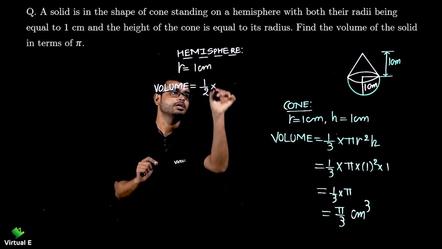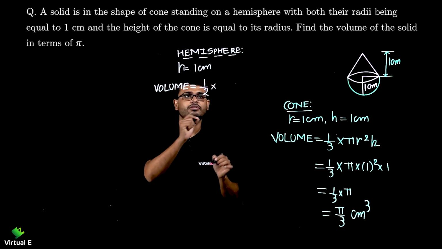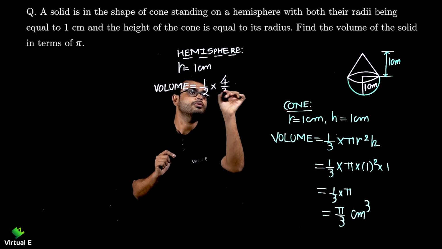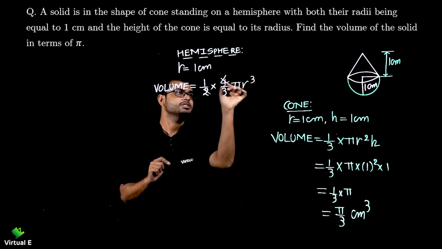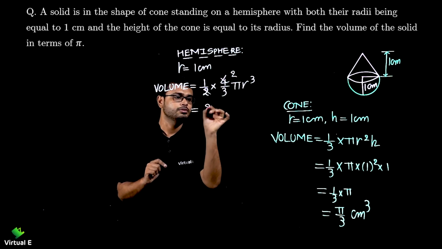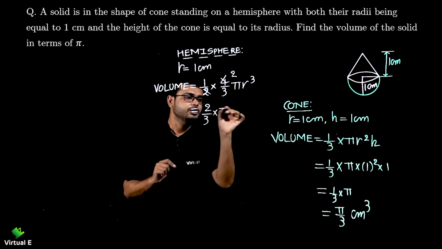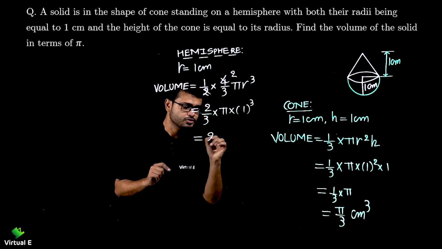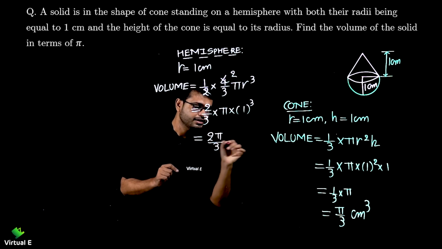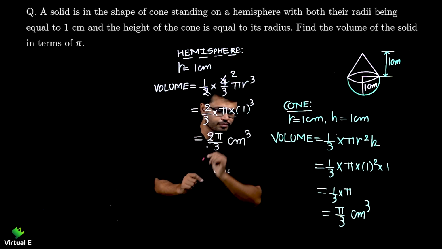So half, and what is the volume formula for sphere? That is 4/3 pi r cube. Done. So 1s and 2s. So 2/3 into pi into 1 cube. So it is 2 pi by 3 centimeter cube.